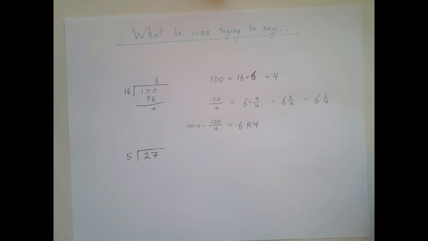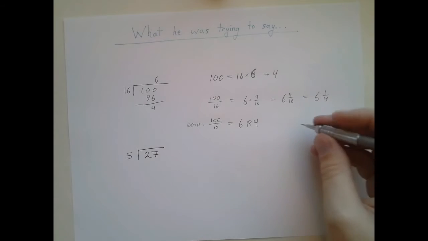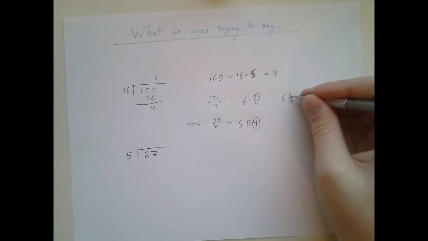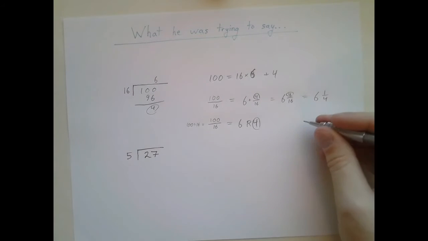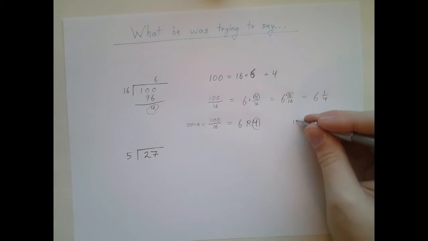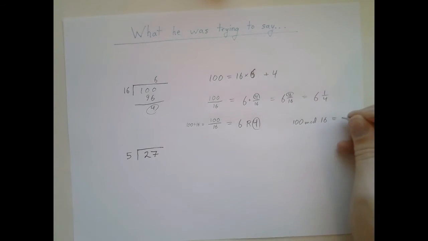But actually, when you're doing modular arithmetic, this is pretty handy because the 4 is what matters, the remainder, the part that's left over. So how you'd write that is 100 modulo 16 equals 4.